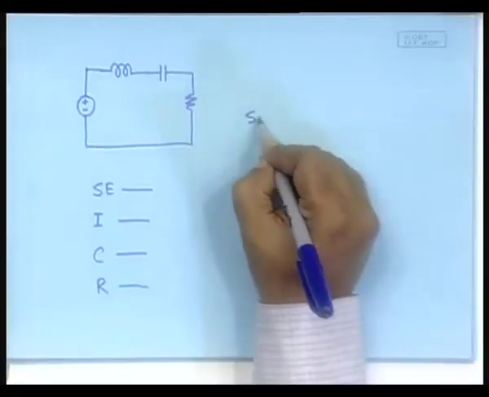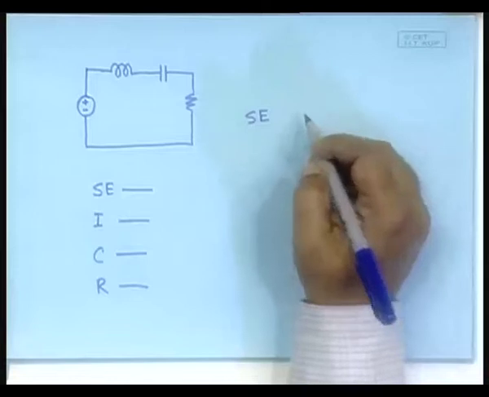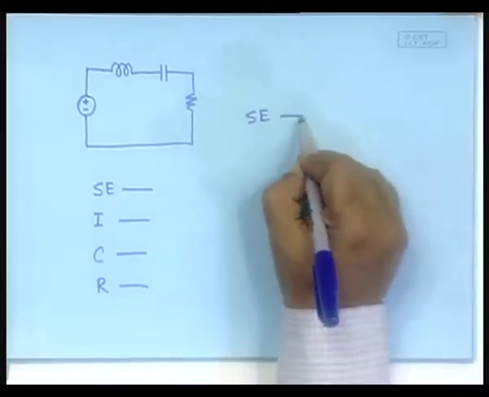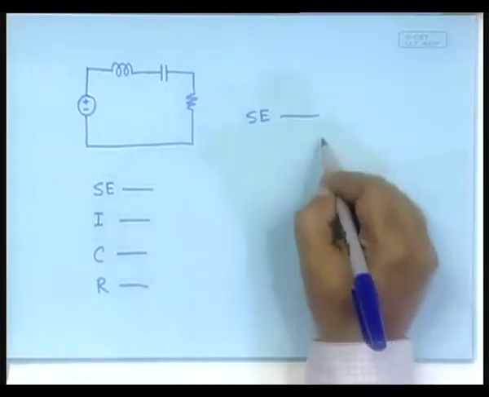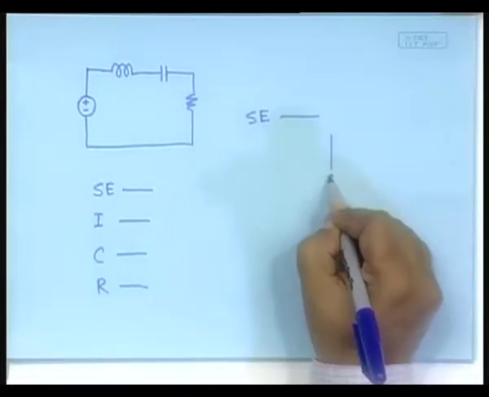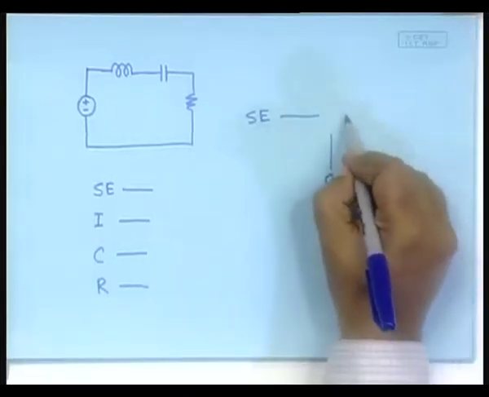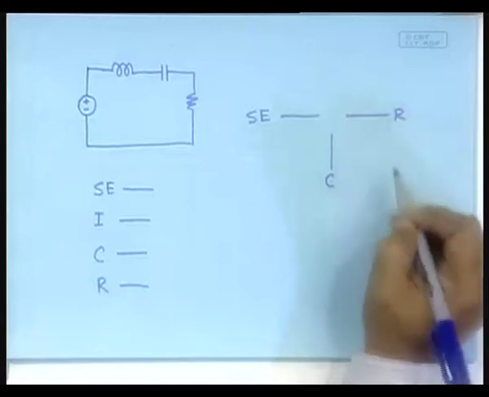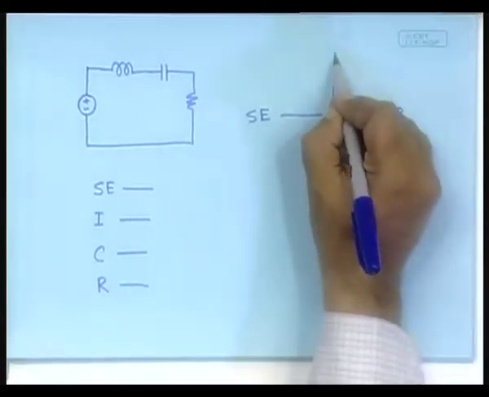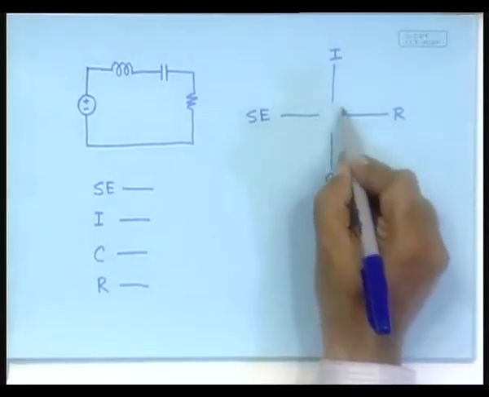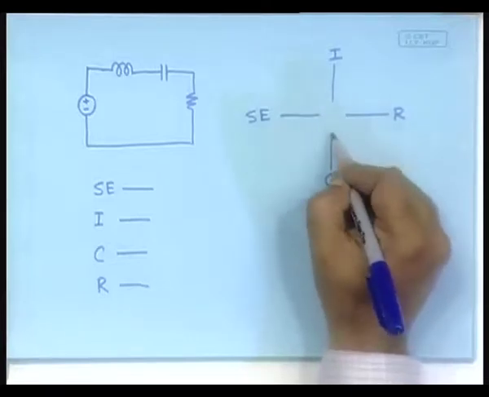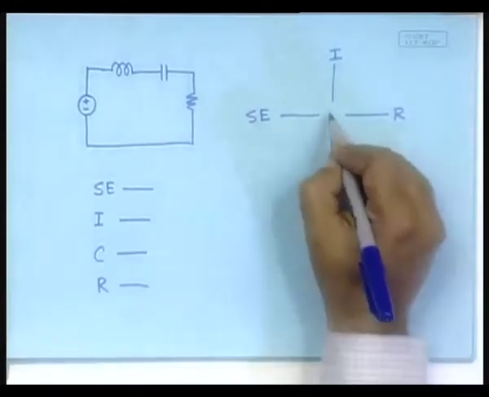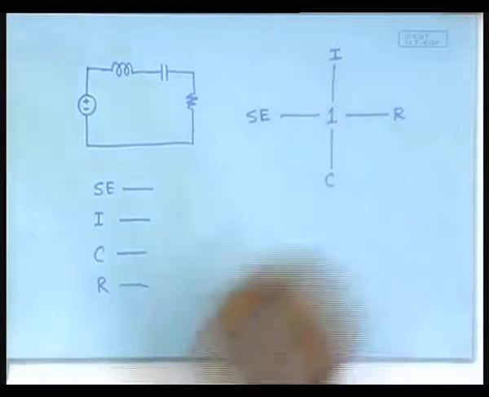This will be represented by SE connected to a bond, C connected to a bond, R connected to a bond, I connected to a bond. In between they are exchanging information in a specific way that is represented by a 1 junction.